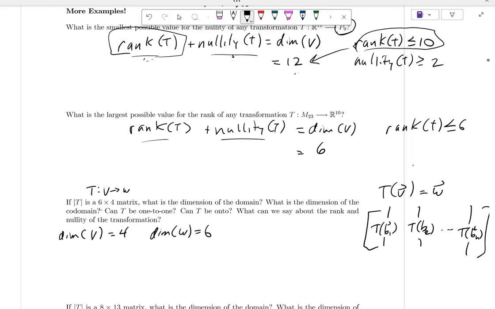This would have the same number of coordinates as whatever was in your output space, your codomain. So the number of rows corresponds to the dimension of your output space. The number of columns corresponds to how many basis vectors you plugged in for your inputs. So that's why it's 4. That's why it gets flip-flopped. So input is the second dimension, output is the first dimension for your matrix.